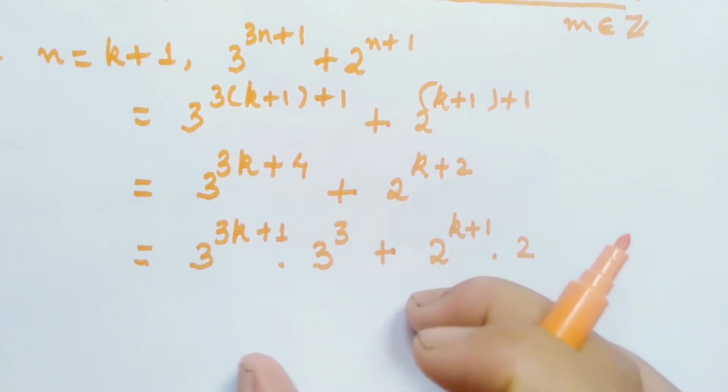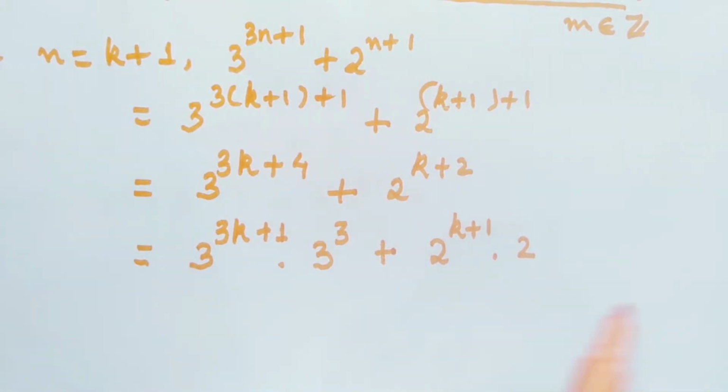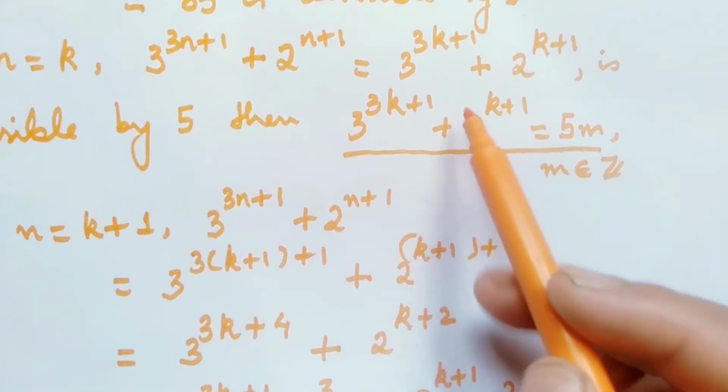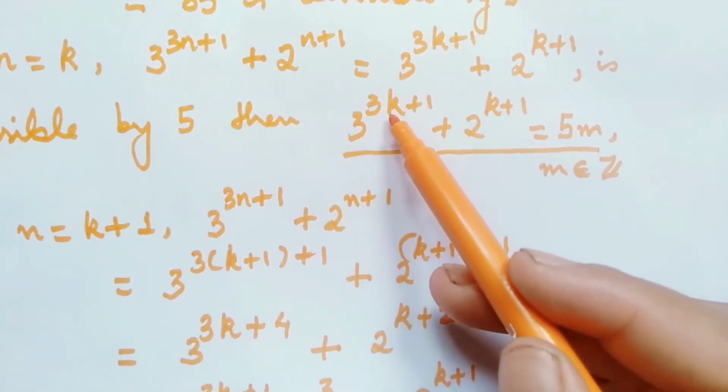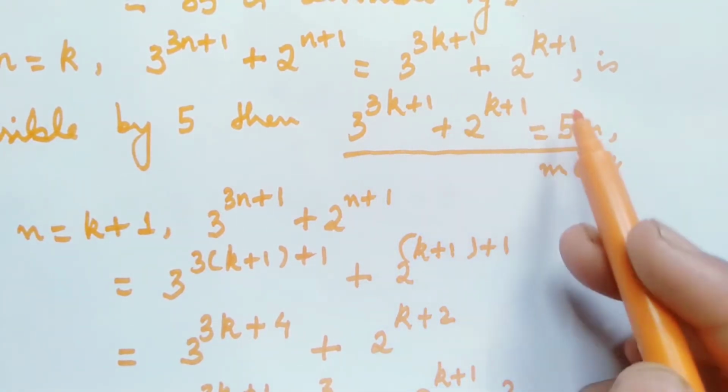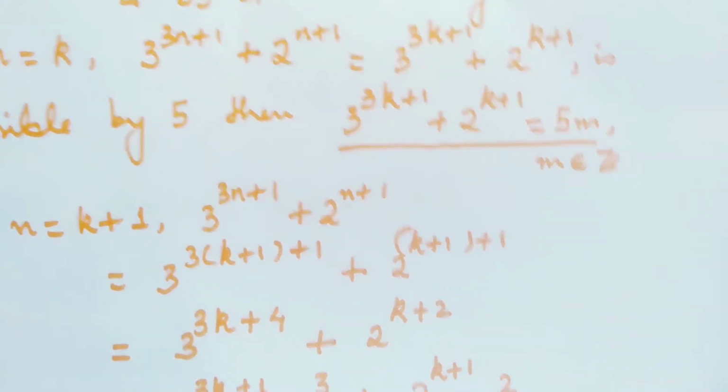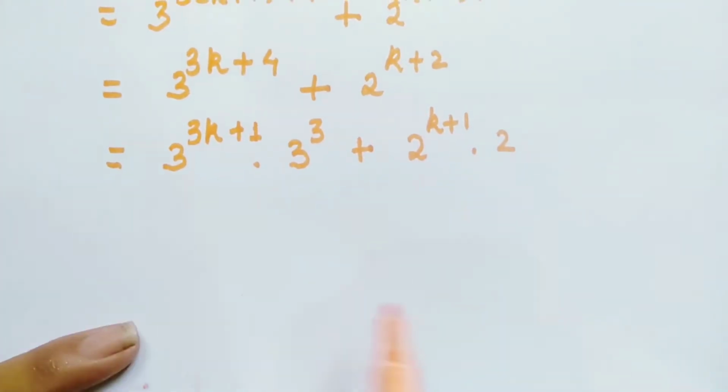So what we do, we modify this one a bit so as to be able to write 3^(3k+1) + 2^(k+1) as 5m. So how to do that? Let's see here.